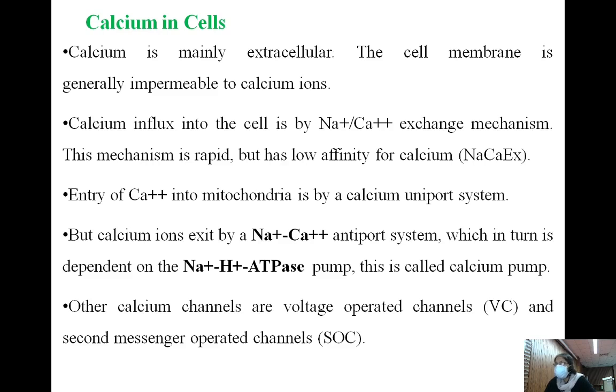It will come as a short note. The sodium calcium exchange mechanism, or sodium calcium ATPase, is a low affinity but rapid exchange mechanism. Entry of calcium into the mitochondria is by the calcium uniport system.